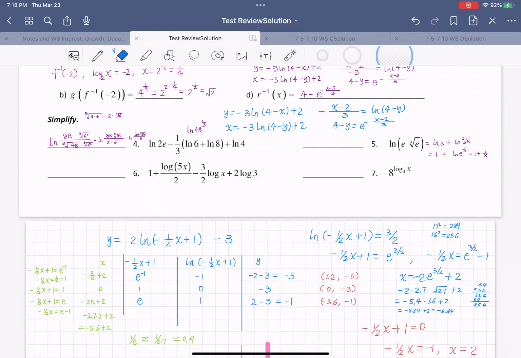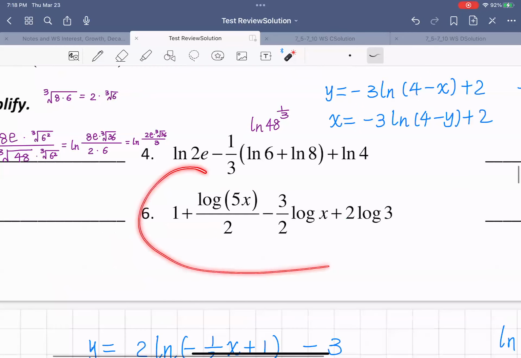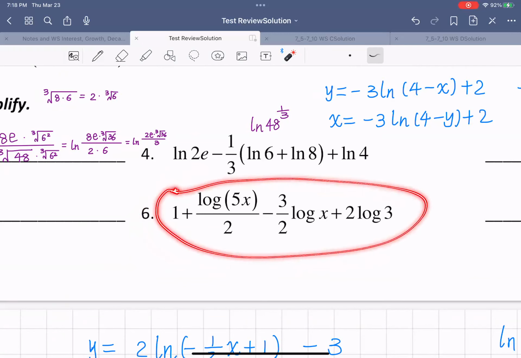Let me see. Do number 6, all the students. Let me see if students can handle this question by yourself.